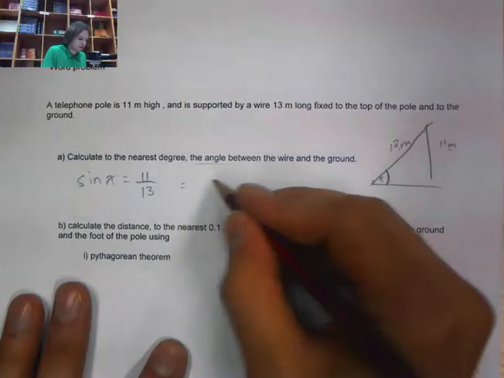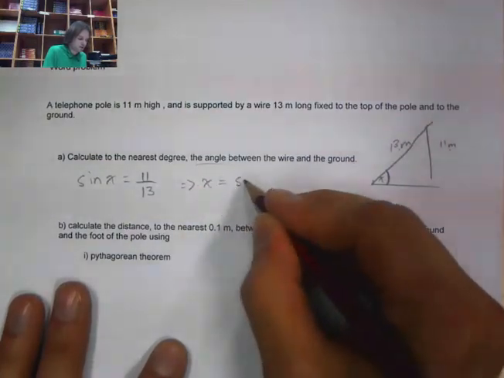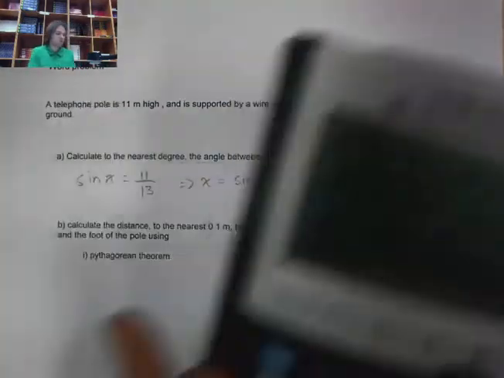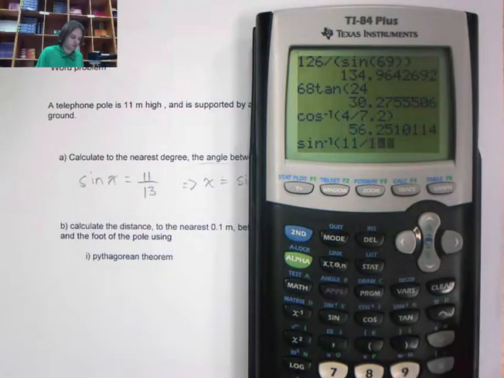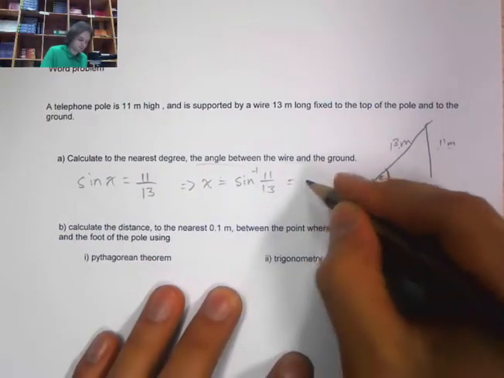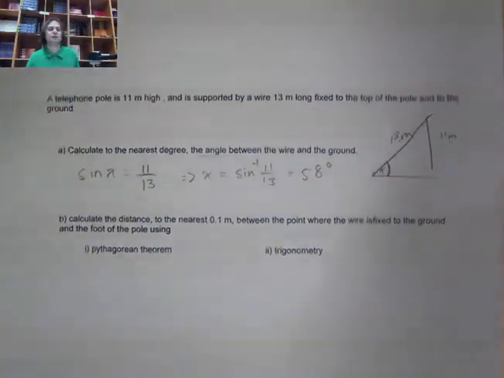So x is equal to the inverse of sine 11 over 13. Let's plug that into my calculator: second sine 11 divided by 13. And I end up getting 58 degrees.